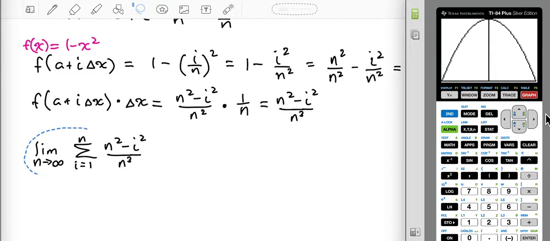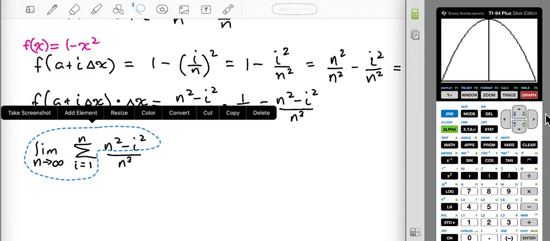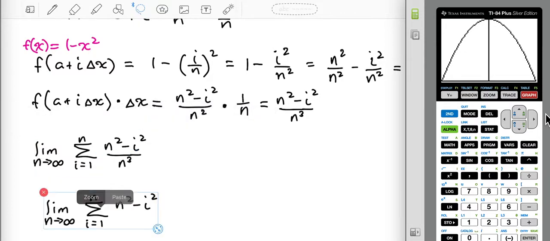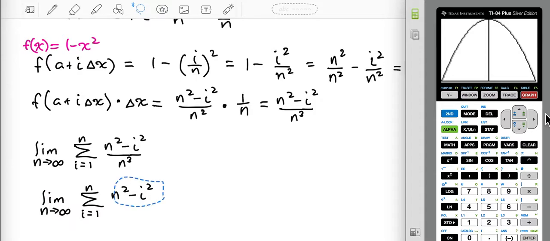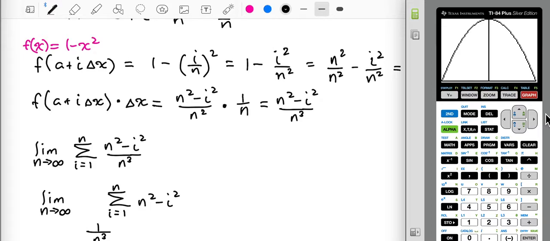So we're looking at really this as being a necessary part of the summation, but the 1 over n cubed, that would really be a coefficient. Quote unquote coefficient.